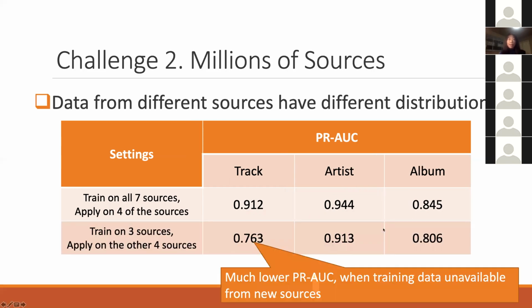But on the other hand, if we train on 3 sources and apply the model on the rest of the 4 sources, you see this PRAUC dropped significantly. And so the question is, we won't be able to get the training data from so many different websites, and how can we train one model that applies everywhere?